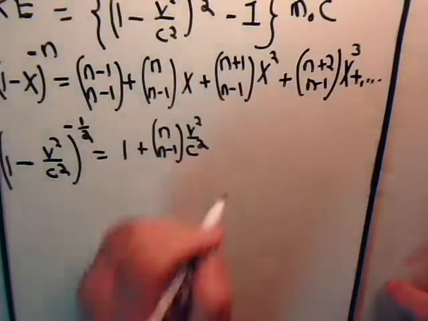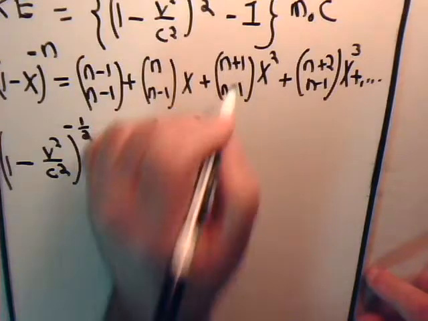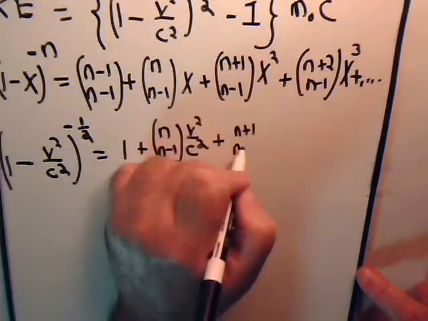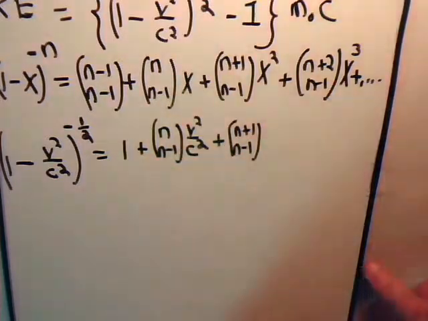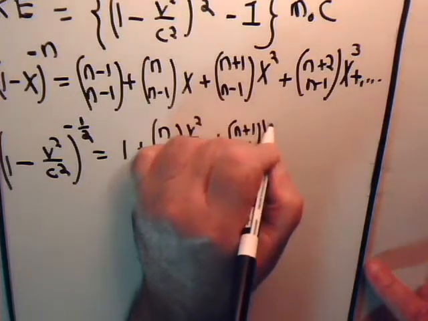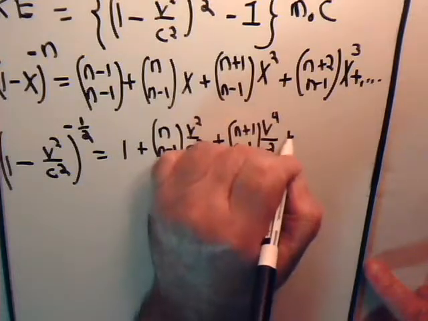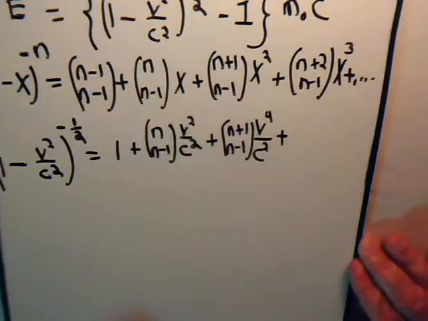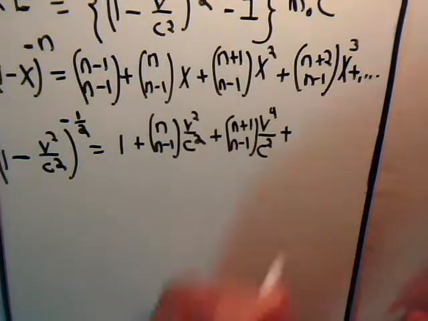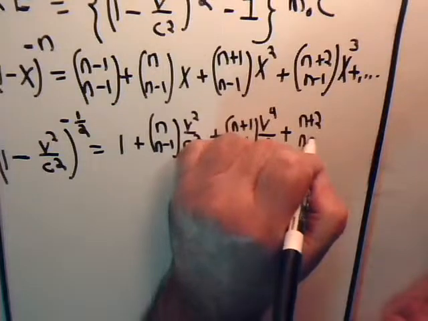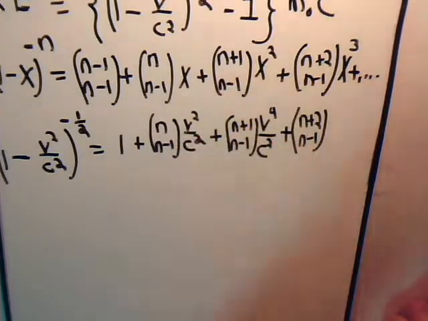And let's see, the next term will be plus n plus 1 over n minus 1 times x squared, so that will be v to the 4th divided by c to the 4th, plus n plus 2 over n minus 1 times x cubed.